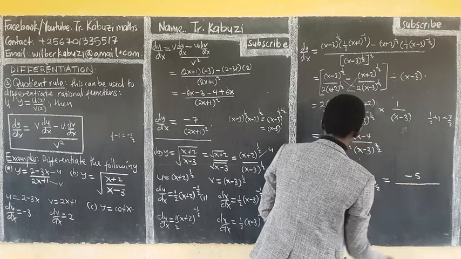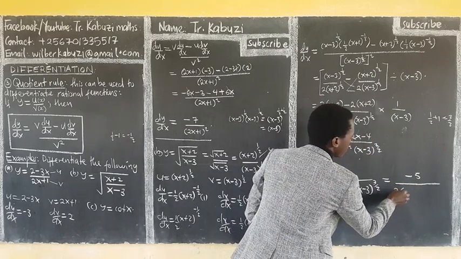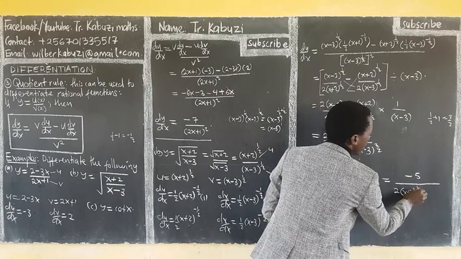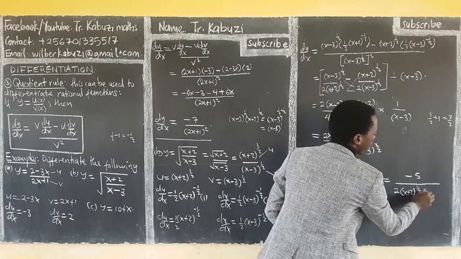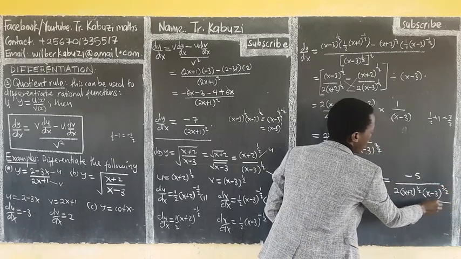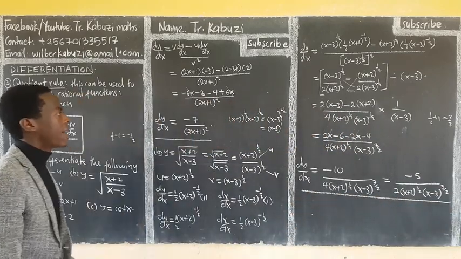Now all over, divided by 2 here, you get 2 into. You give it always in a reduced form. Power 3 over 2. That will be your answer. So we have finished that.